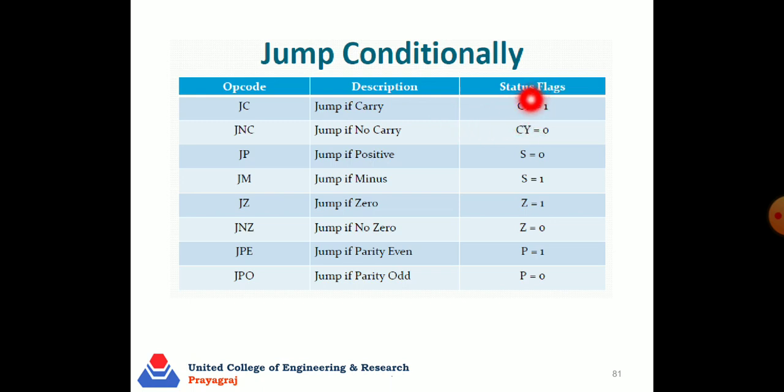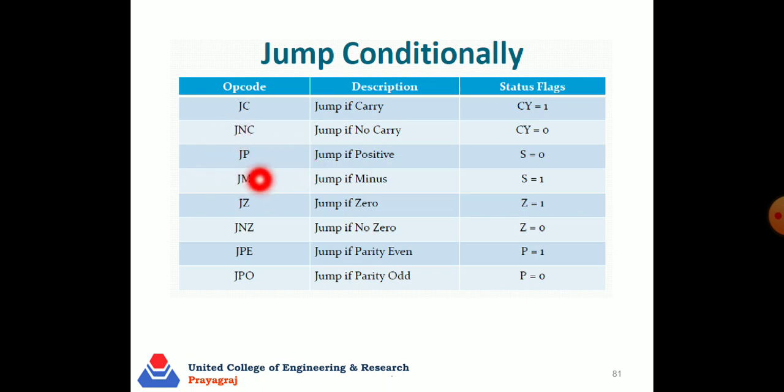If it is 1, then this instruction jumps to the specified location, otherwise the condition is false and it continues the execution. Next is JNC, jump if no carry. It checks the flag status, that means if there is no carry, that is 0, then it will jump, otherwise it will continue the program, because the given condition is false.